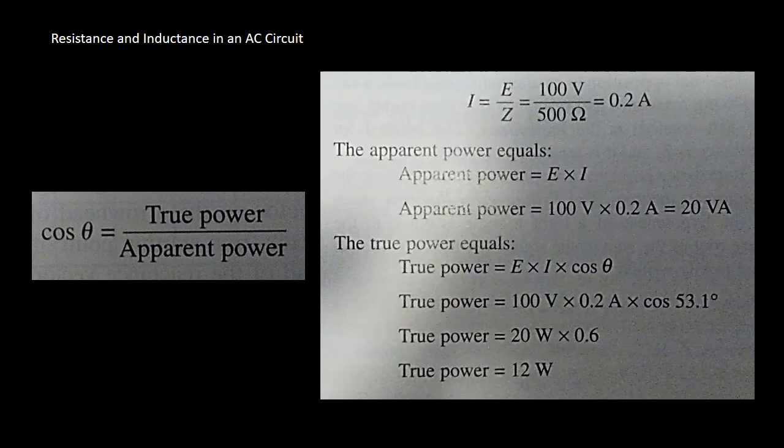The true power equals volts times current times cosine theta. True power equals 100 volts times 0.2 amps times cosine 53.1 degrees. True power equals 20 watts times 0.6, and the true power equals 12 watts.